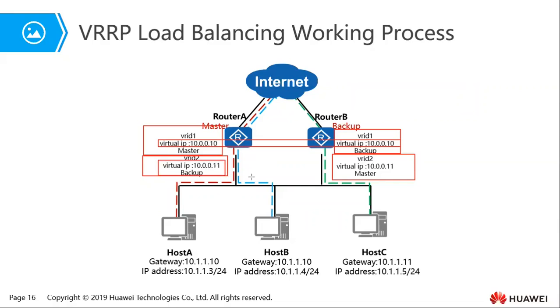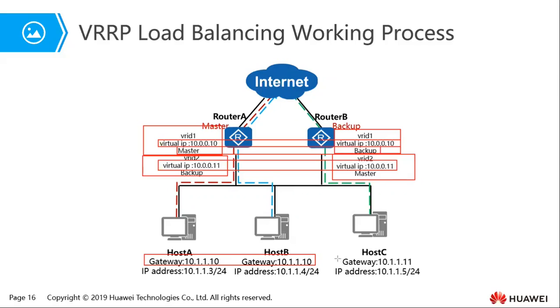The virtual address for group 2 is 10.0.11.11. We can see that host A and host B have been configured with the gateway of group 1. In group 1, the master is actually router A, while router B is the backup, as you can see here.